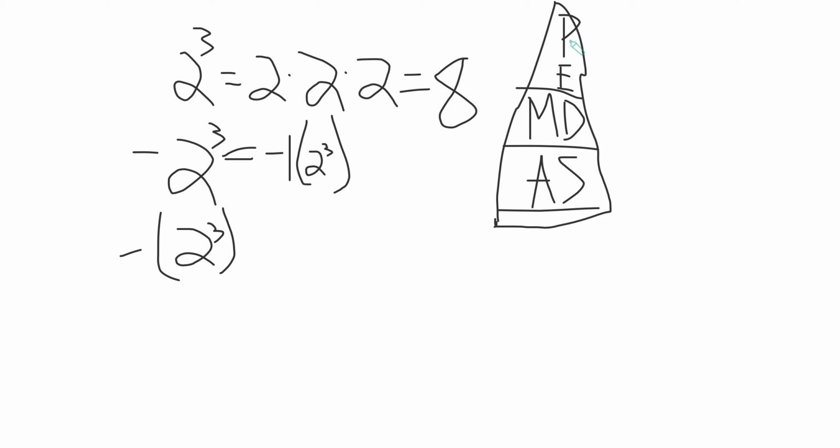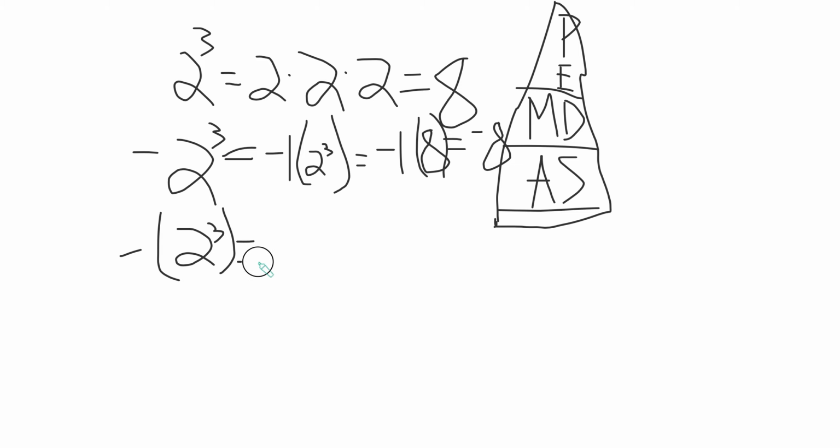So we're going to evaluate that, and then we're going to do multiplication and division. So then we're going to multiply by negative 1. So now you've got essentially negative 1 times 8, which is negative 8. Very nice. It's a little different. So we're going to evaluate 2 cubed, get an answer, and then multiply by negative 1.